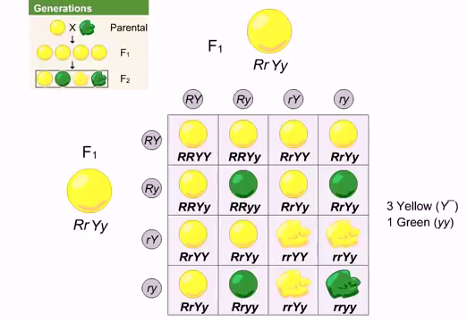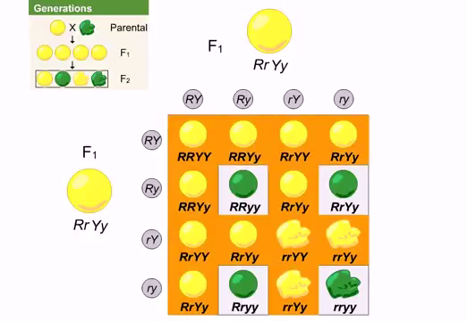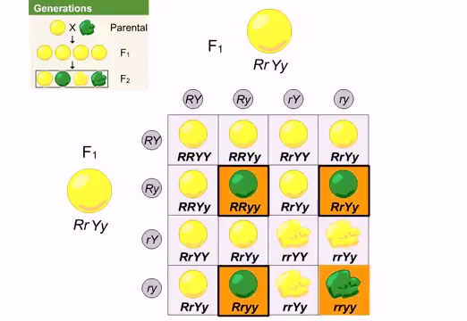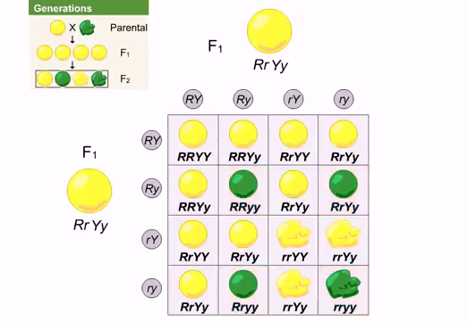In the group of yellow peas, there are 9 round peas and 3 wrinkled peas, making a ratio of 3 round peas for every wrinkled pea. And in the group of green peas, there are 3 round peas and 1 wrinkled pea, again making a ratio of 3 round peas for every wrinkled pea.